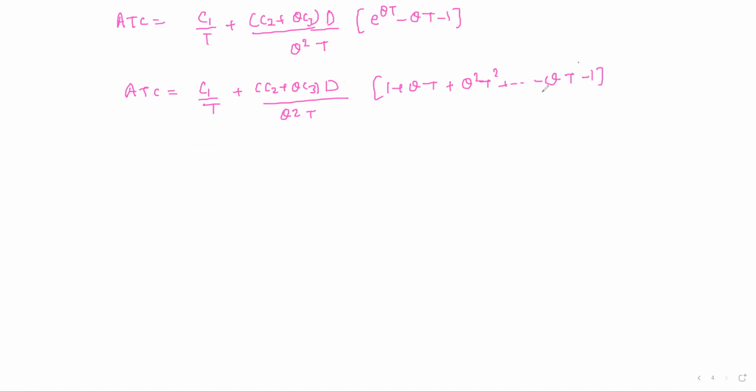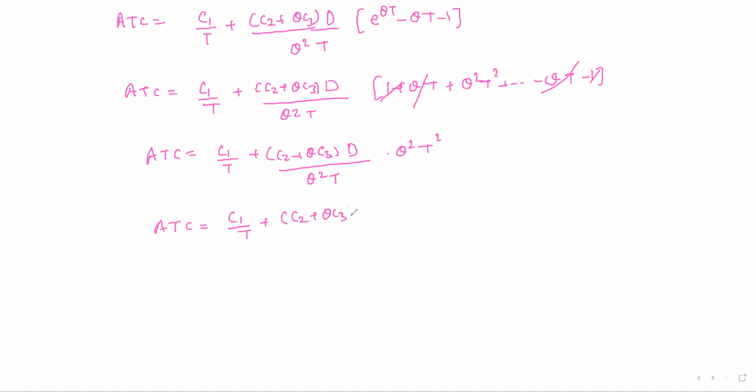So now it will become ATC equals C1 upon T plus C2 plus theta C3, d upon theta square T into theta square T square, which can be written as C1 upon T plus C2 plus theta C3 d into T upon 2.